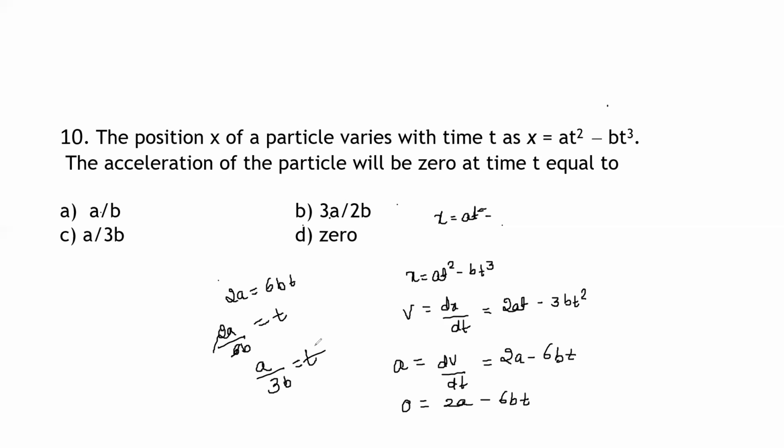Velocity is equal to 2at minus 3bt square. Then next, acceleration is again differentiation of velocity. We will get 2a minus 6bt. Here acceleration is equal to 0, you substitute. That is 0 is equal to 2a minus 6bt. Therefore, time t is equal to a divided by 3b. So the correct option is option C.